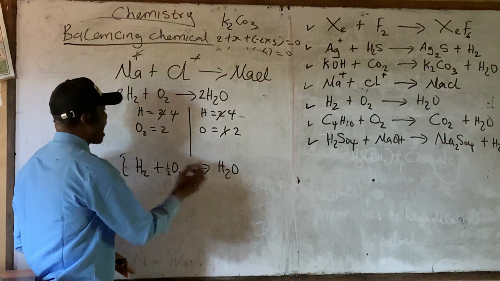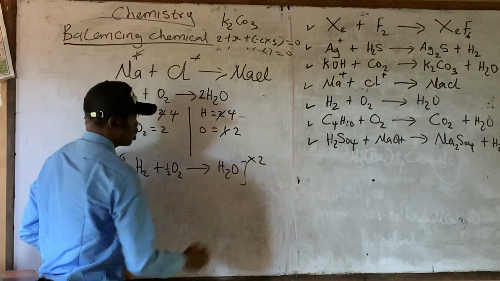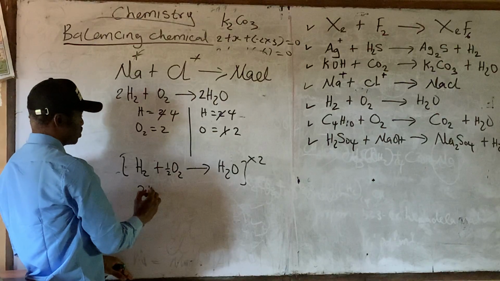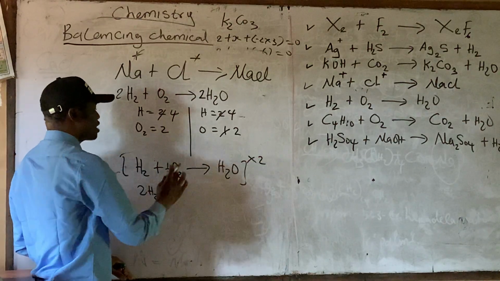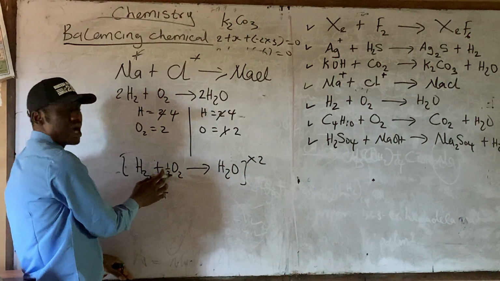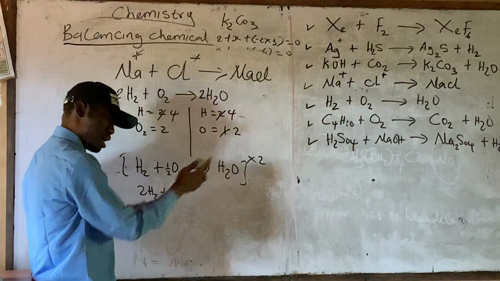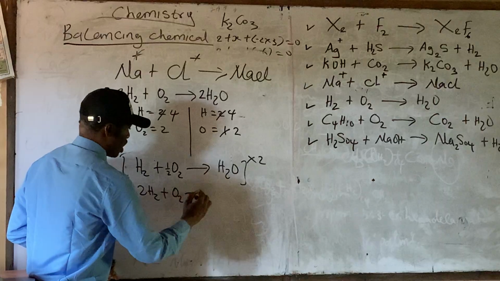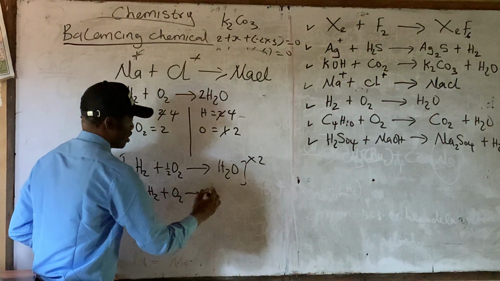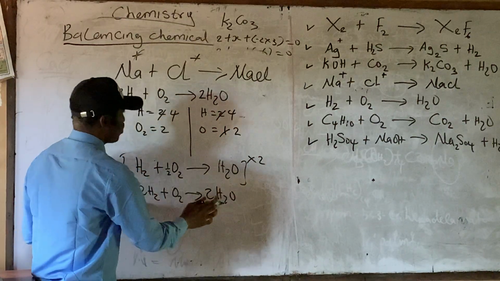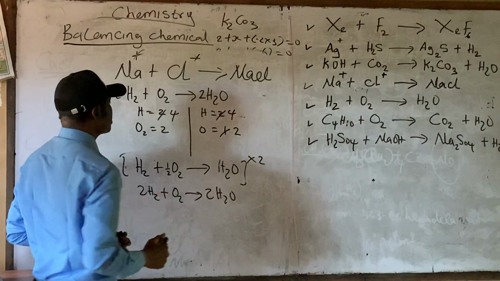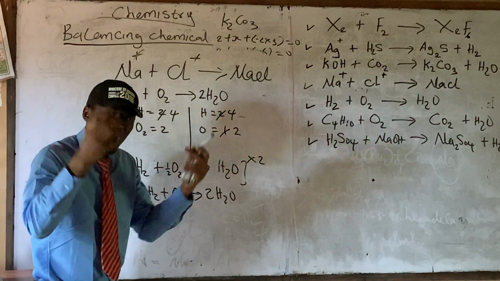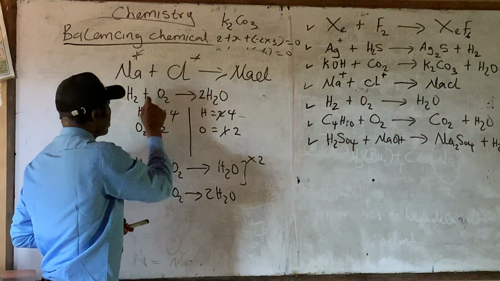Now if I multiply out by 2, what will happen? 2 times 1 is 2. So 2H2 plus 2 times half. Half of 2 is 1. So we have just oxygen. Now 2 times this guy is 2H2O. So you see what we have here. So any method that is more convenient for you, you use, in case you cannot be able to think of what number to put here.